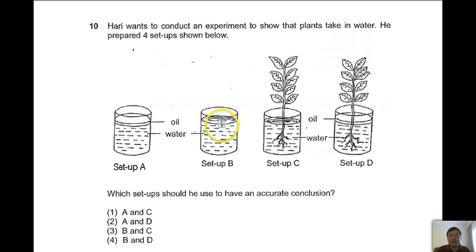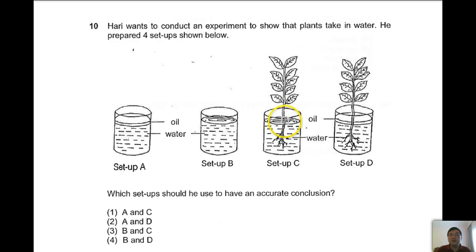Same here, it will go down. Then you just cannot tell anybody that plant needs water, plant absorbs water, because over here the water disappears by itself. So the conclusion could be, why? The water evaporated, right? Not absorbed by the plant. So it is very confusing with this.